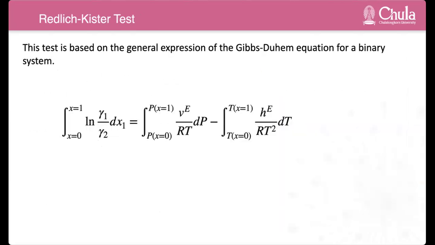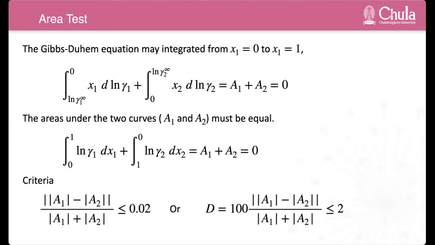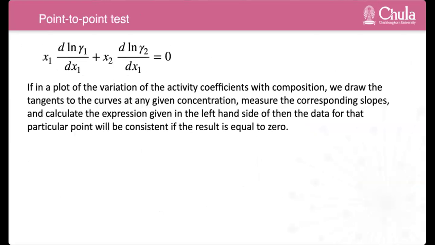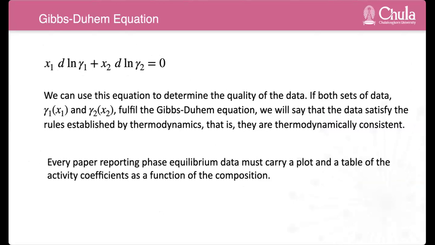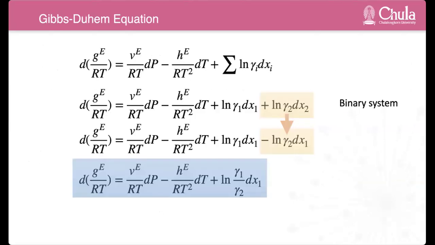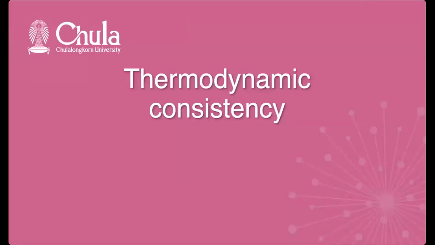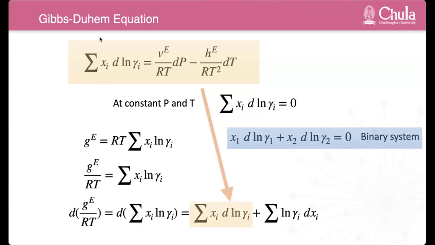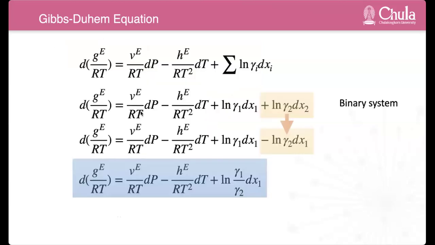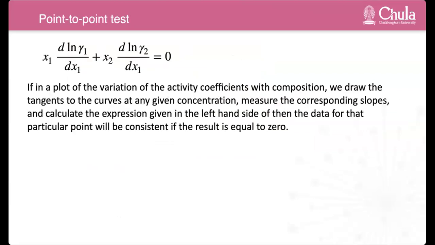Okay. So, you can actually, there are so many tests. I skipped some, but later you can come back to this slide again. Okay, starting from the Gibbs-Duhem equation, and then here I give you the point-to-point test. The first one is the point-to-point test.